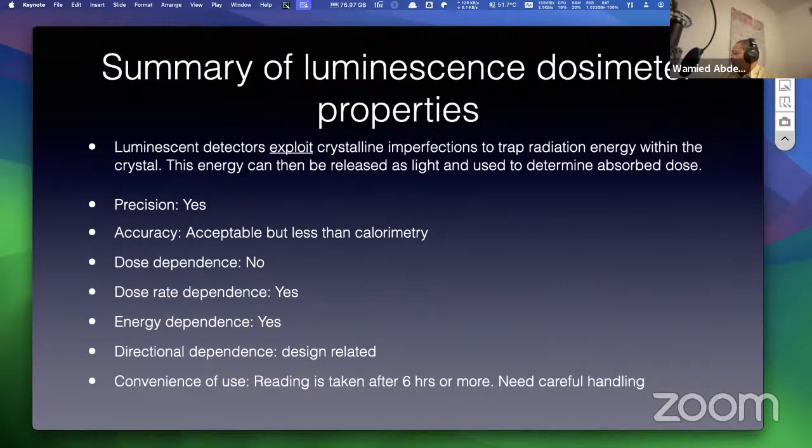You know why we need to take the reading after a few hours, 6 hours or 12 or a day? Do you have an idea? Usually, and I know this for TLDs especially, remember the signal is the number of trapped electrons.